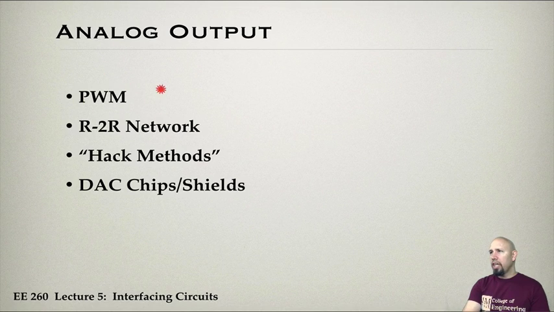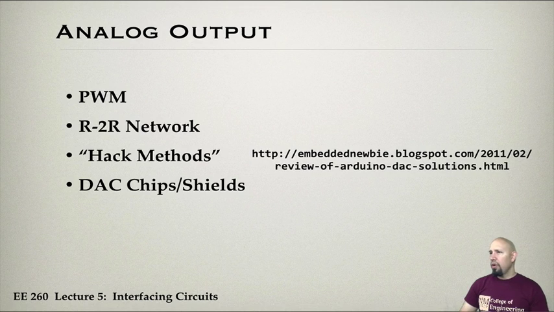We have pulse width modulation. We have an R2R network, which is basically a digital to analog converter. There are what are called hack methods, and digital to analog converter chips and shields. These hack methods that I mentioned can be found at this website, Review of Arduino DAC Solutions.